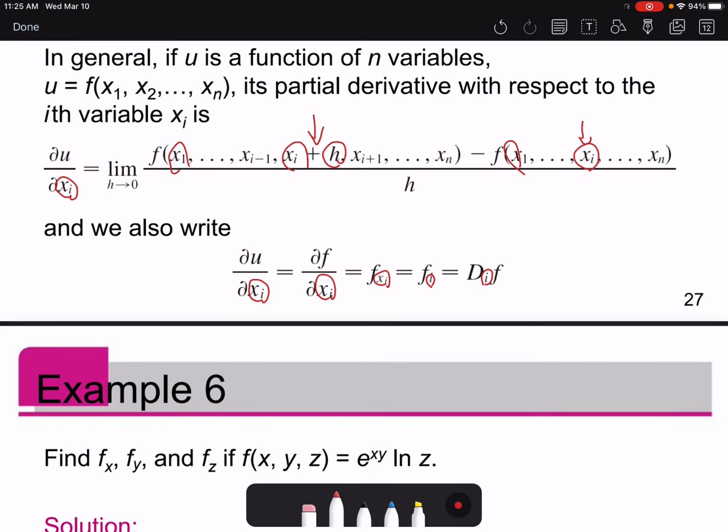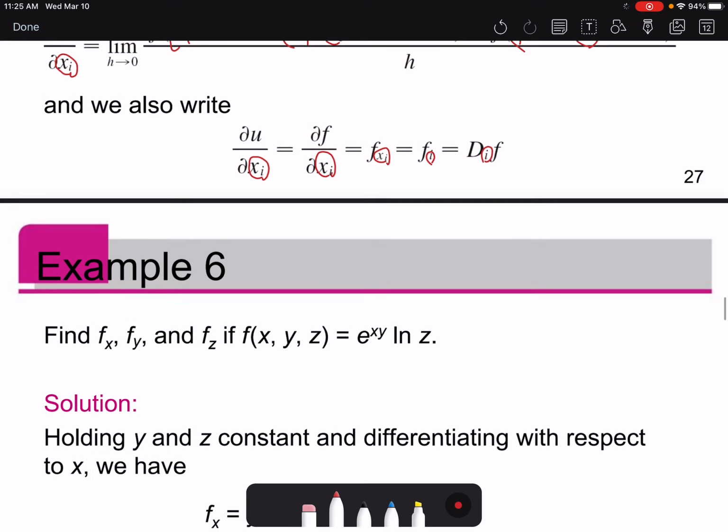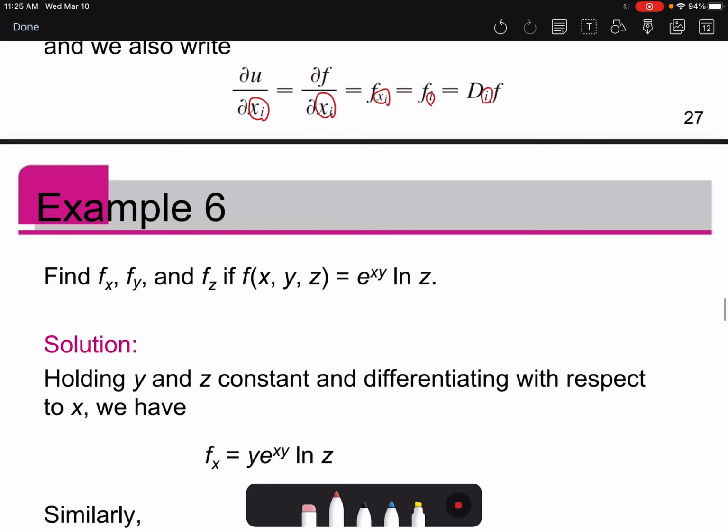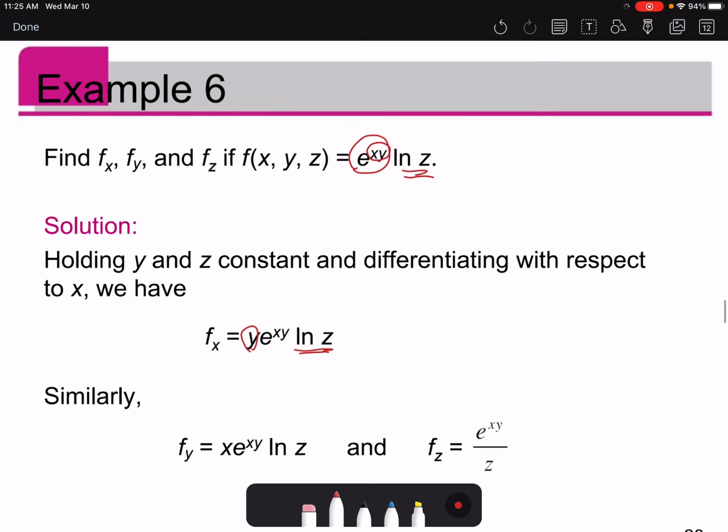Let's look at an example here. Find the derivatives f sub x, f sub y, and f sub z if the function is like this. We'll take a derivative with respect to x. We're going to treat only x as a variable. The derivative of e to the xy is e to the xy, times the derivative of the exponent with respect to x, which is y, so you have y left right here. This is a coefficient. Similarly, we take the derivative with respect to y.